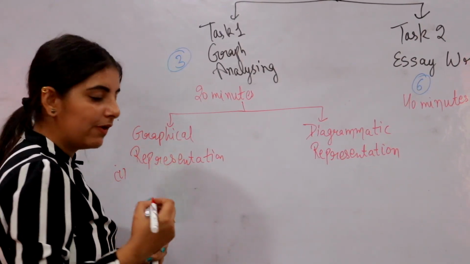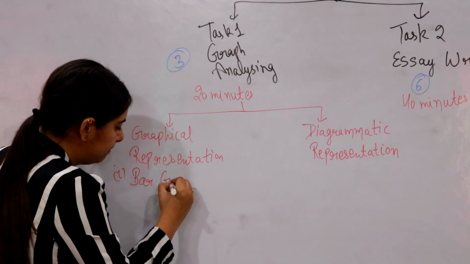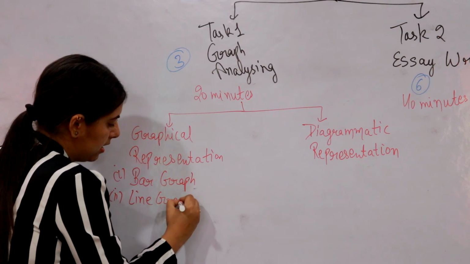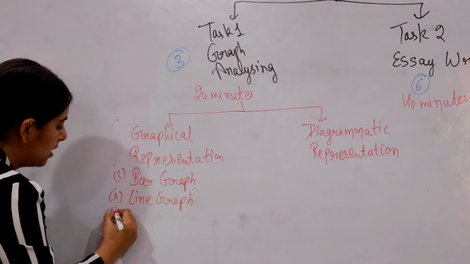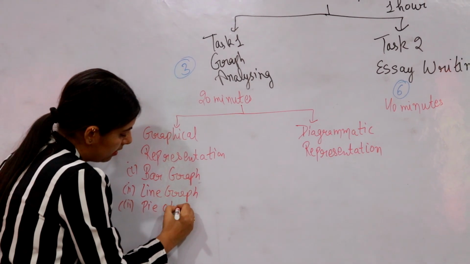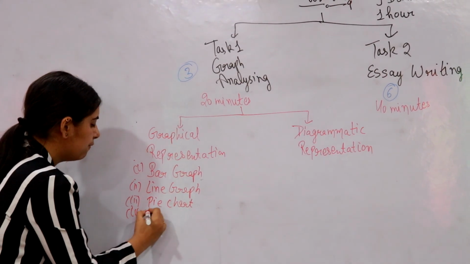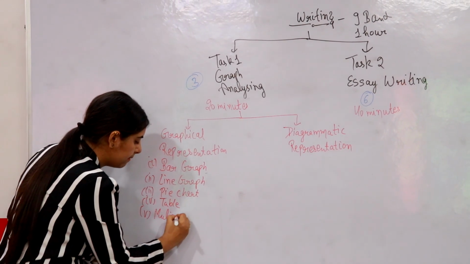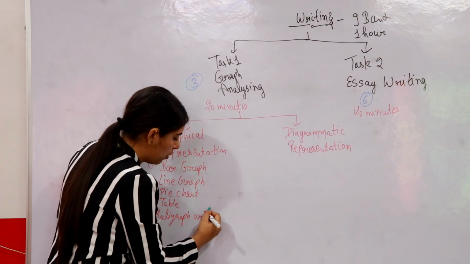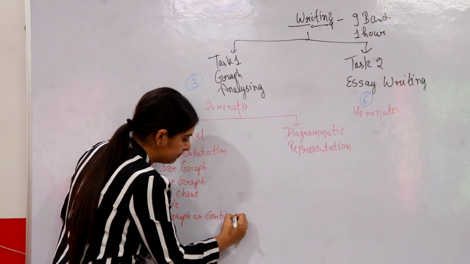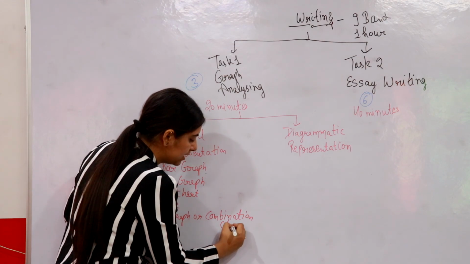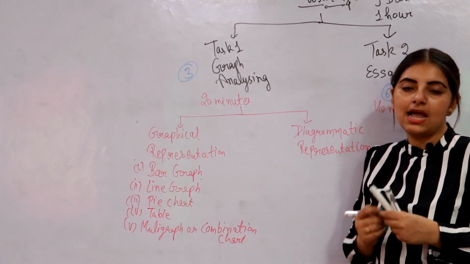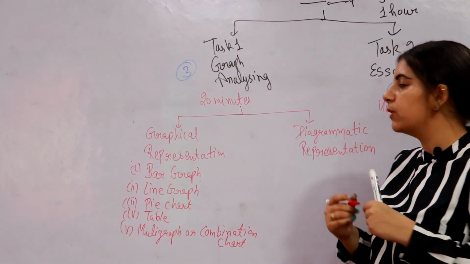So under this category, first graph is bar graph, second one is line graph, third one is pie chart, fourth one is table, and the fifth one is multigraph or combination chart.